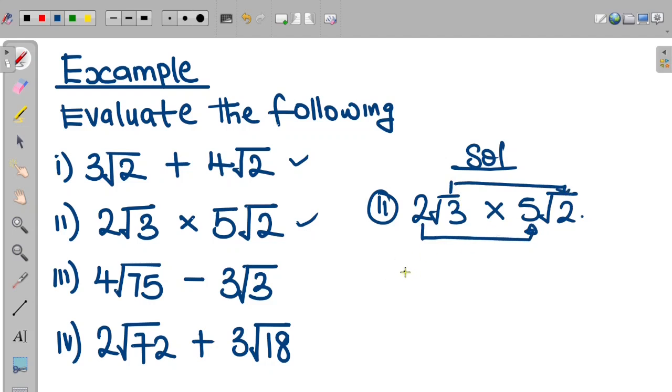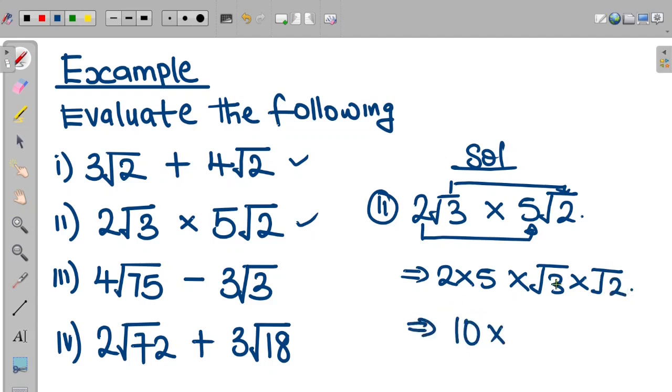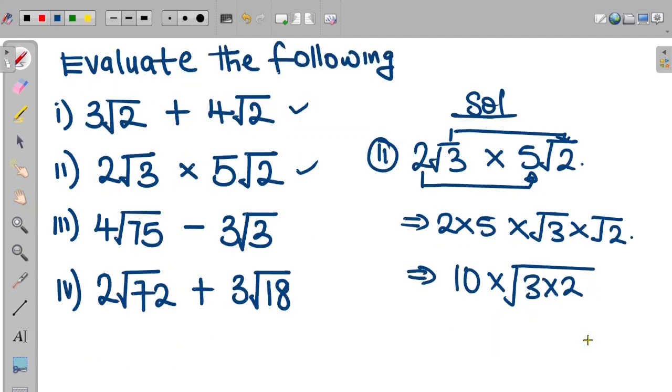So this becomes 2 times 5 multiplied by root 3 times root 2. 2 times 5 is 10. By the rule of surds, this becomes root of 3 times 2. So therefore, this is equal to 10 multiplied by root 6.